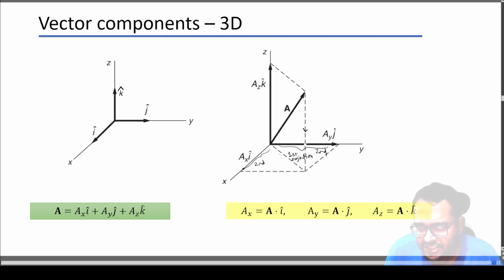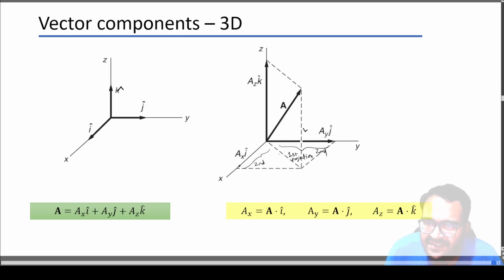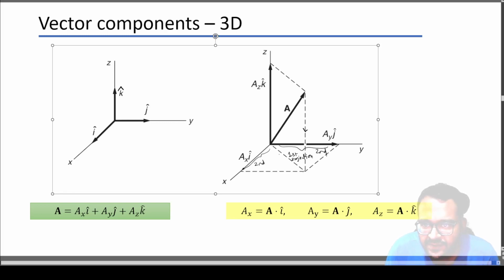This will be your projection on the XY plane. Then you project it on your X axis, and then on your Y axis. So this becomes your AX, this becomes your AY, and you make another projection on the Z axis. That projection on the Z axis becomes your AZ.